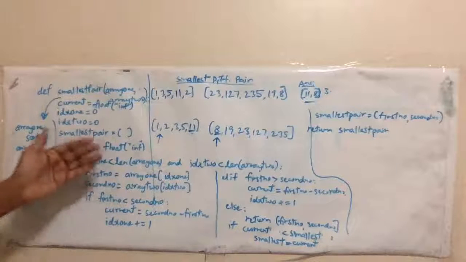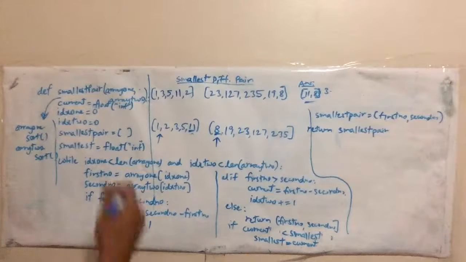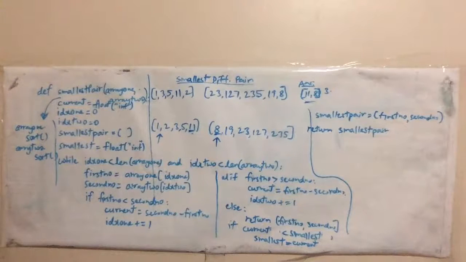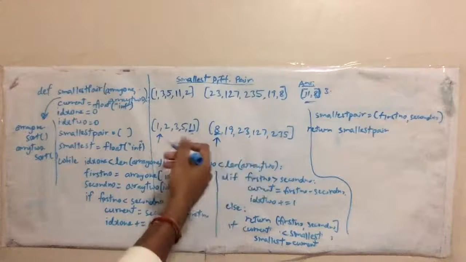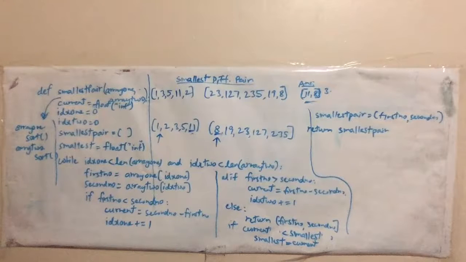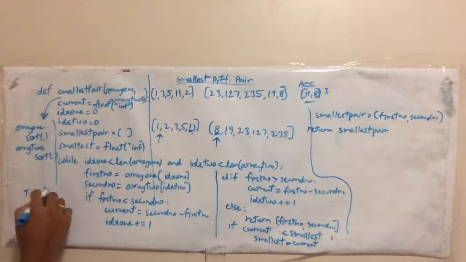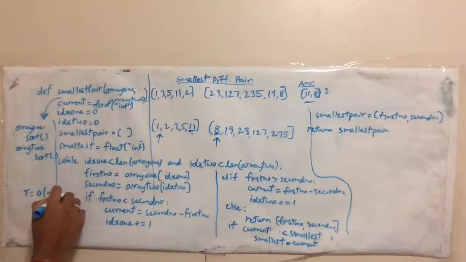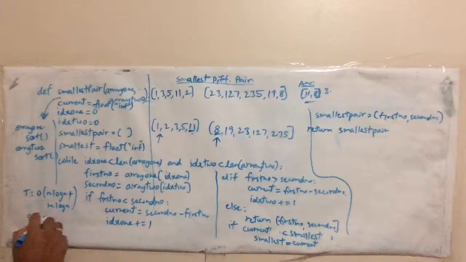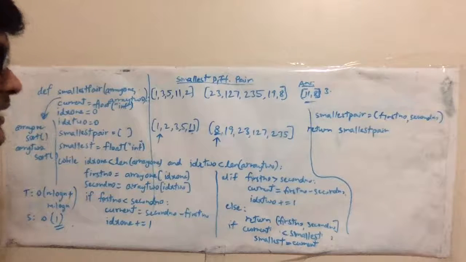The while loop will execute in big O of n times. So the final time complexity is big O of n log n plus m log n, and we are not storing anything extra here, so space is big O of 1. I think this completes the problem.